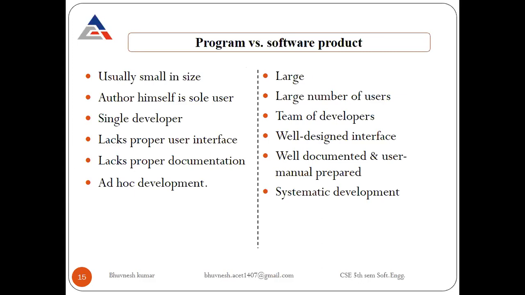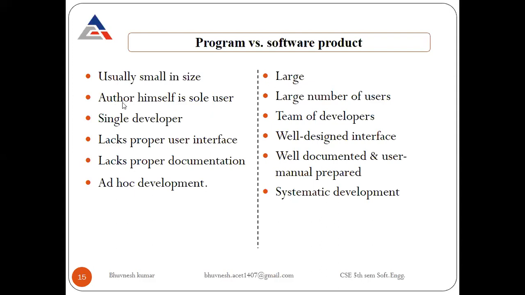It is made of different modules: there is an item select module, a payment module, a men, woman, child module. These are different modules, and that code is larger in size. Okay, that is the first point. A program is usually small in size. Your software, meaning applications or software product, should be larger in size.